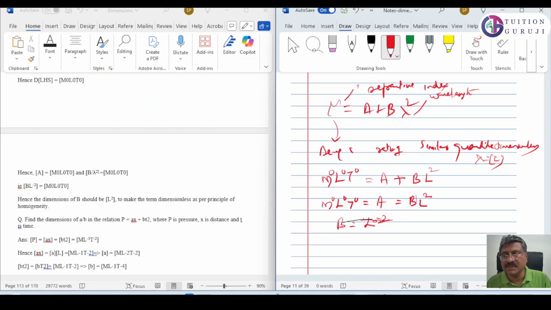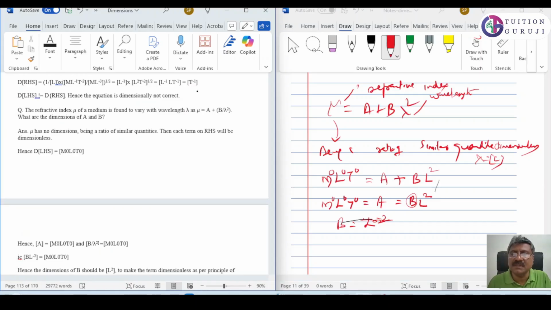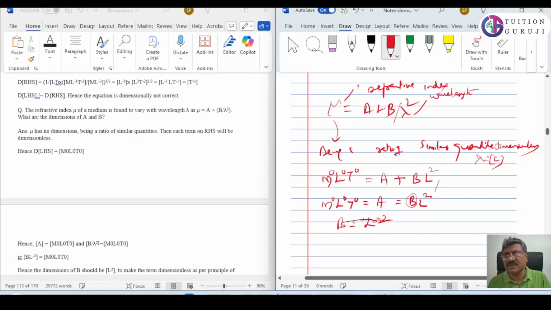For this to be dimensionless, B should be L raised to minus 2. Yeah, there is a small mistake in what I have written. It is not B by lambda square, it is B by L square. So B is L raised to minus 2, not lambda square. Dimension of B will be L raised to minus 2.